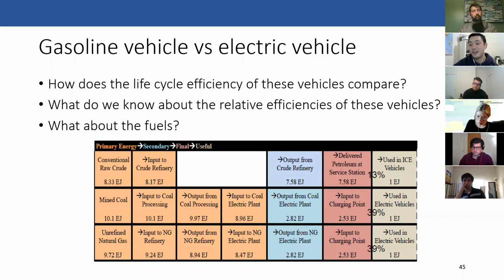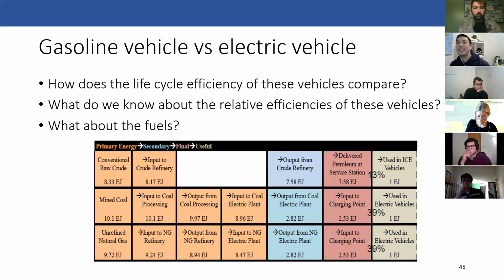You'll actually see that from the primary energy, it's 8.33 exajoules of crude oil to get the same amount of useful energy, whereas it's 10.1 exajoules of coal or 9.7 exajoules of natural gas. And personally, I think these numbers might be slightly off.